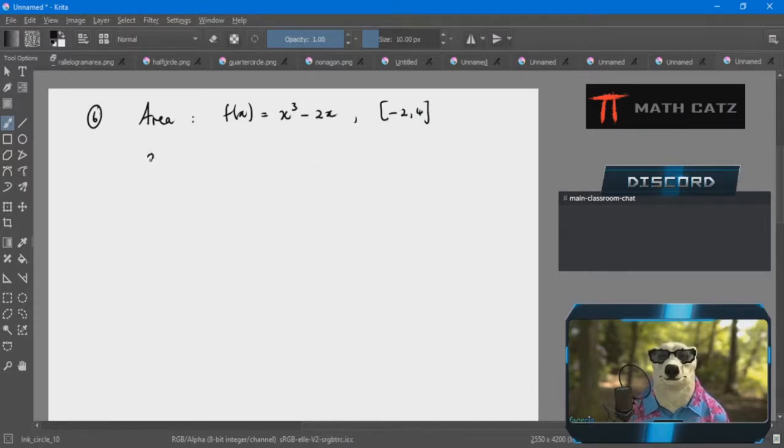All I need to check is what are the x-intercepts of this function, where I set y equal to 0, and I need to solve for x in the resulting equation.